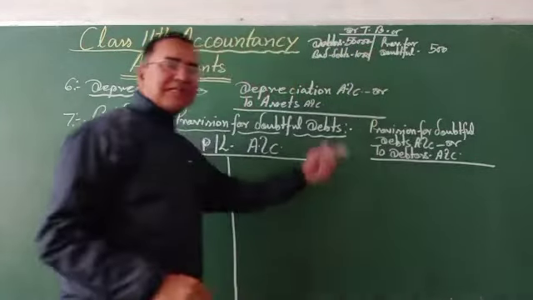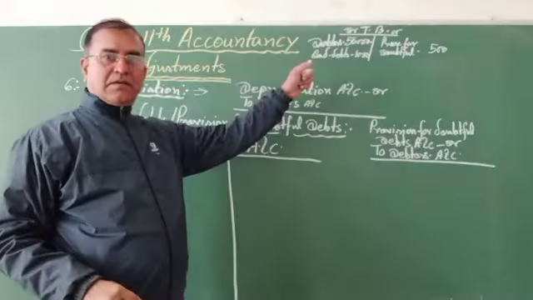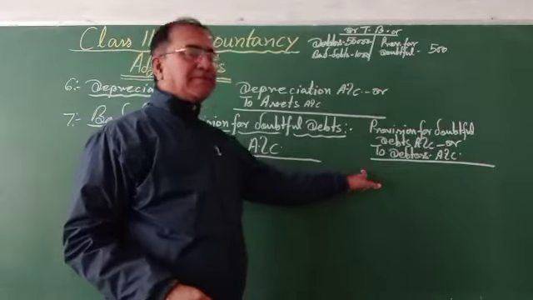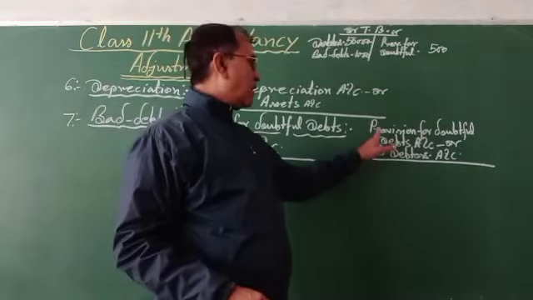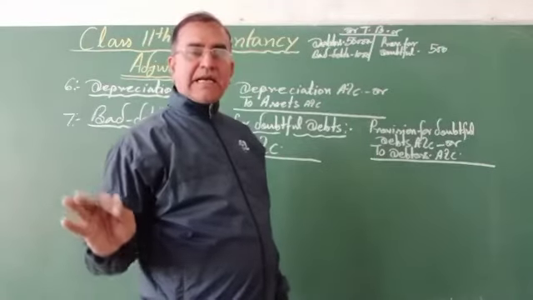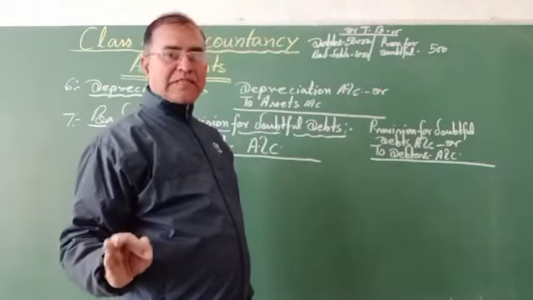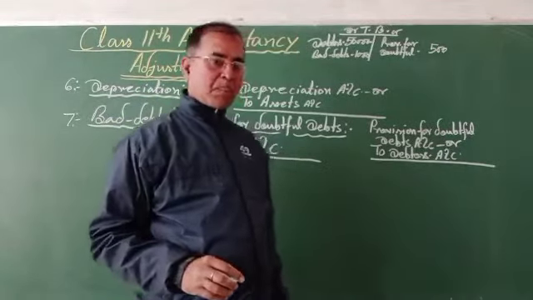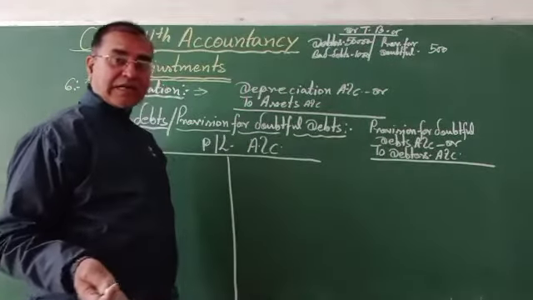These are the information in the trial balance, and in additional information, the organization has to create the provision on debtors at 5%, provision for doubtful debts. What is the accounting treatment?